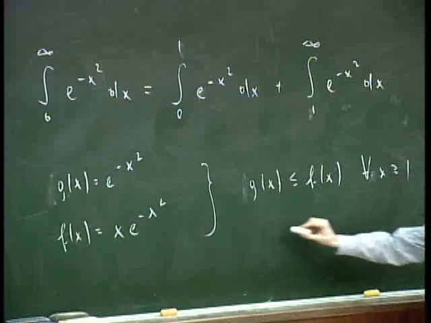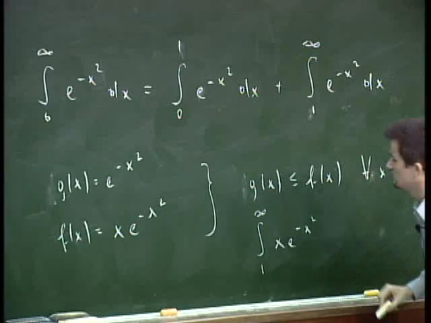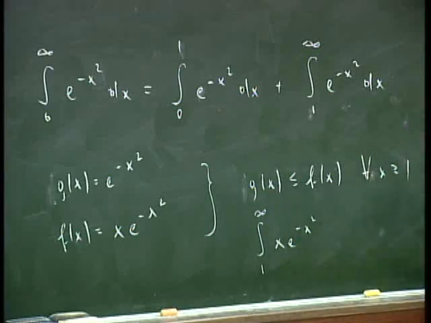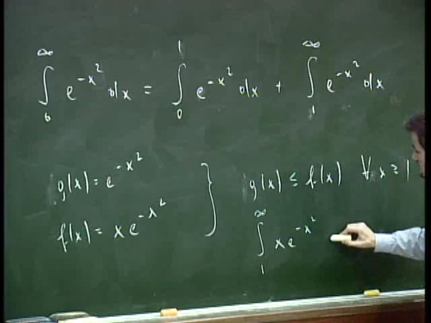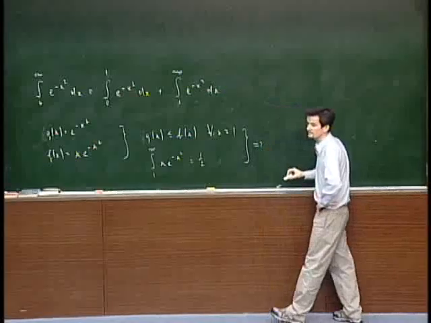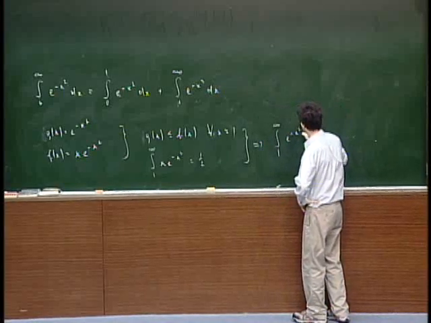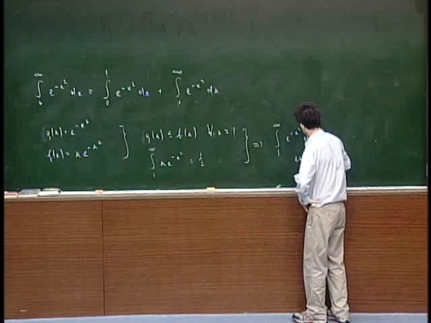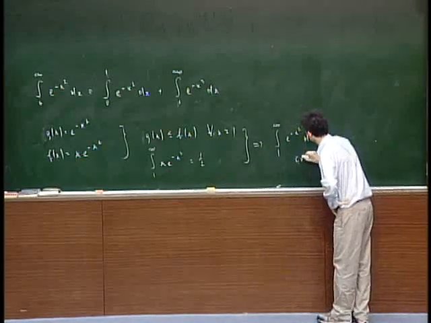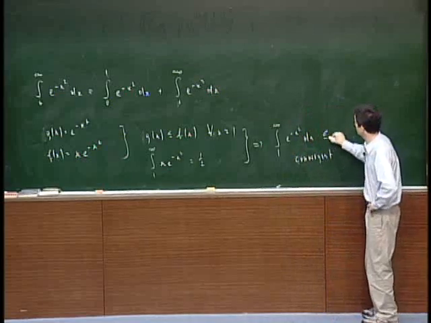We also saw already that the integral from 1 to infinity of x e to the minus x squared exists. This is 1/2, so in particular it exists. So now you can use the comparison test, and from the comparison test you will get that this integral is convergent as well. And moreover, we get that the value is smaller or equal than 1/2.